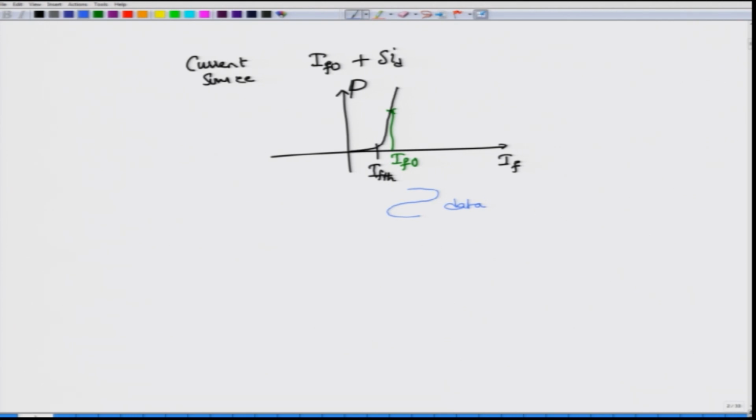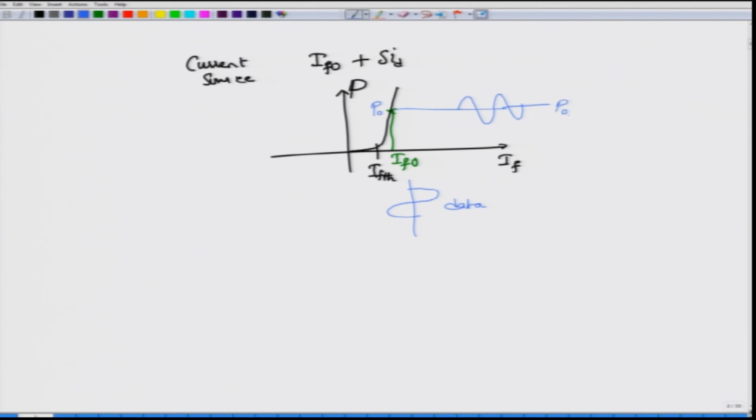Then what it means is that when the data is passing through 0, the current through the device is IF0, and when the current starts to increase, the output power also starts to increase and then decrease around this operating current, P0.